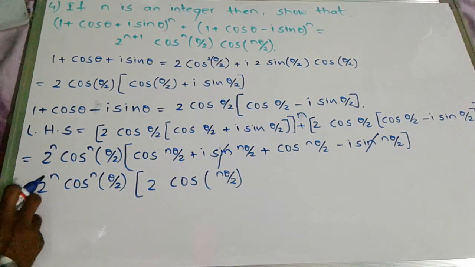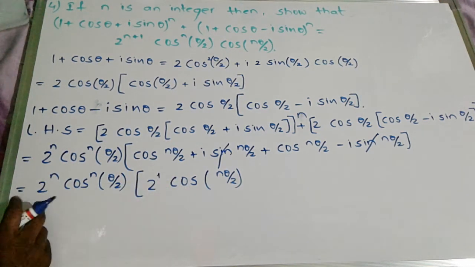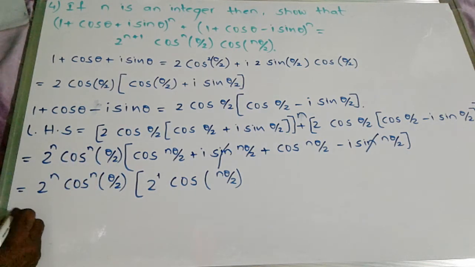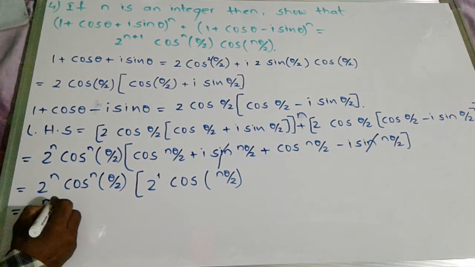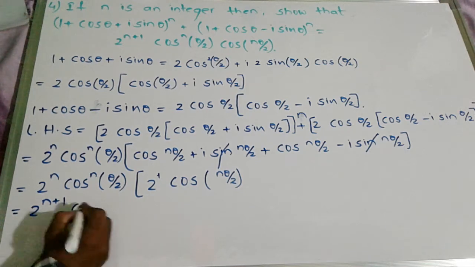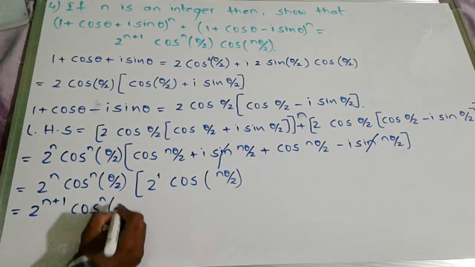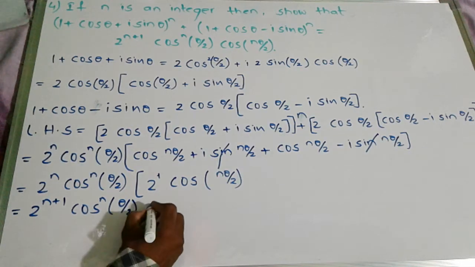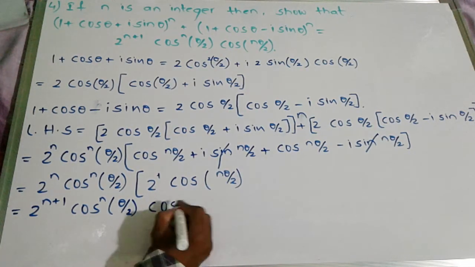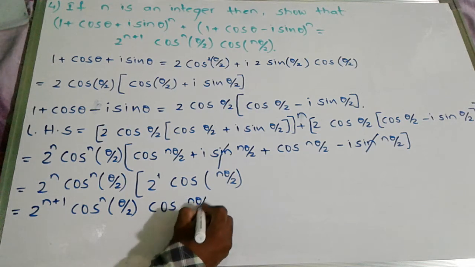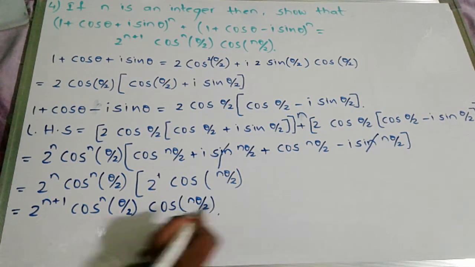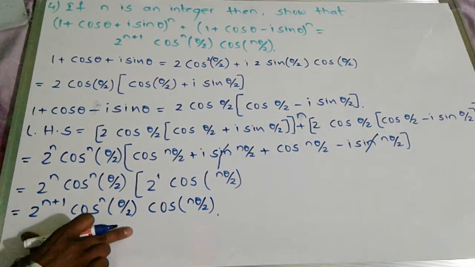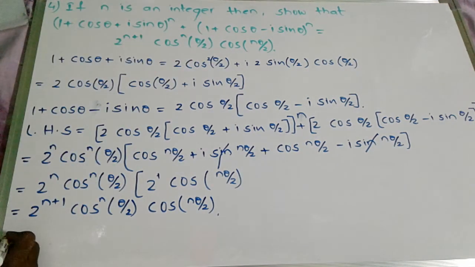Here 2^n and 2^1. So here bases are equal, then powers should be added. So we can write 2^(n+1) cos^n θ/2 cos nθ/2. So this is equal to RHS, right?